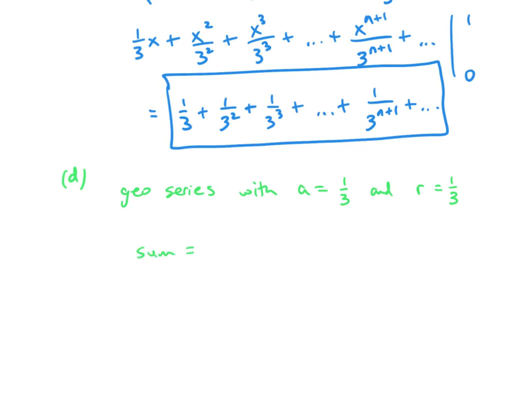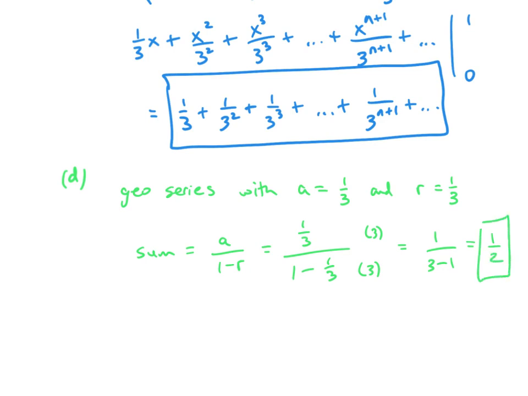So the sum, which is a divided by 1 minus r, would be equal to 1/3 divided by 1 minus 1/3. And if you were to multiply by 3, you get 1 divided by 3 minus 1, and our sum in this case would be 1/2.